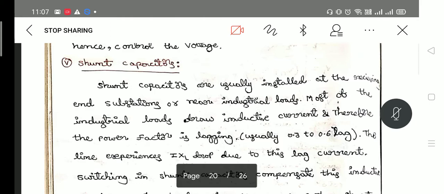So we can reduce that IXL drop. We use the capacitance in parallel to the load, so we can reduce the voltage drop here, the IXL drop, then we can control the voltage in the industrial or substations at the receiving end side.